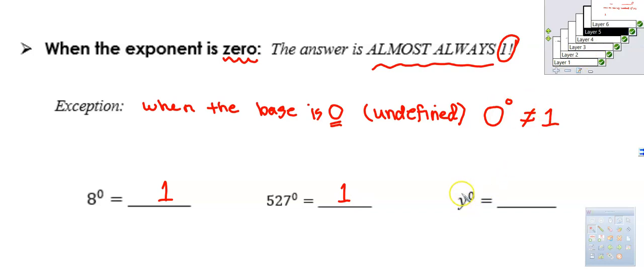And here is our general rule again. Let's read this with the variable in mind. Any number, that's what y stands for. It can vary. We can put any number in there, raised to the 0 power is 1.